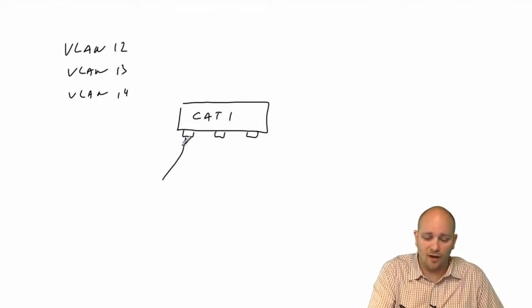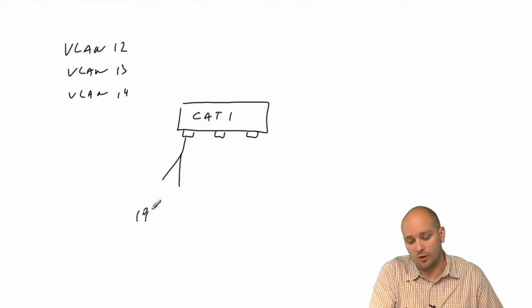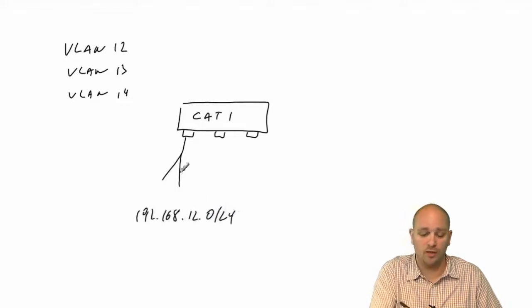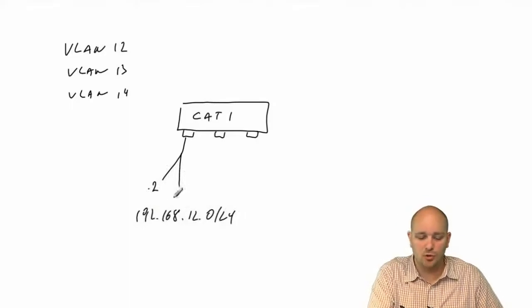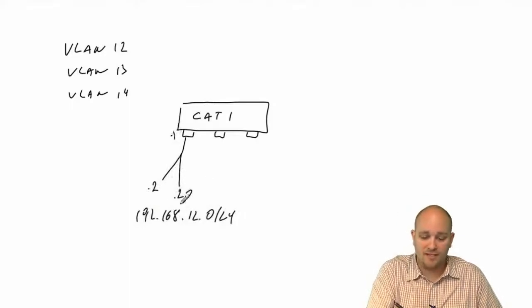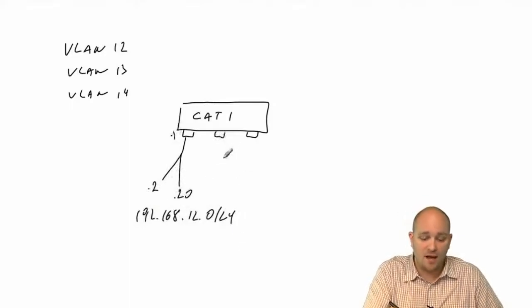I'm going to have several devices connected behind each one of them. So on my VLAN 12, I'm going to have two devices connected, and they are going to be on the 192.168.12.0/24 network. So I'm going to have a device that has last octet 220, and on this side I will have .1. In my VLAN 13, I will have a similar setup.